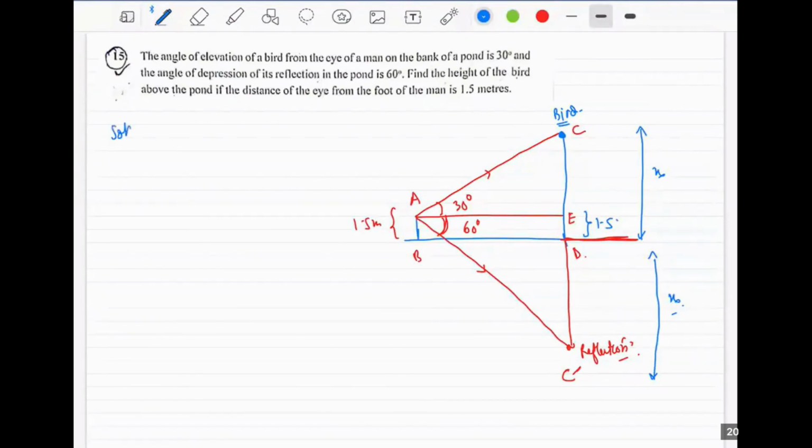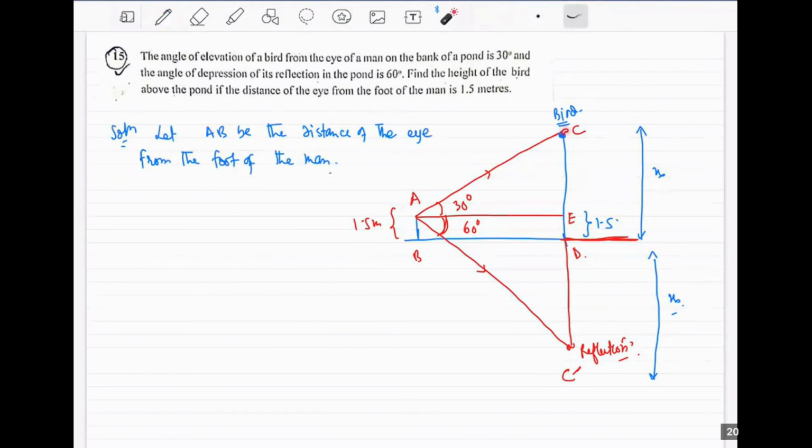Solution. Let AB be the distance of the eye from the feet of the man. Where is the bird sitting? The bird is sitting at C. D is the pond.